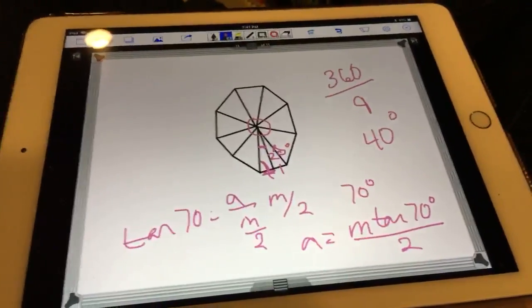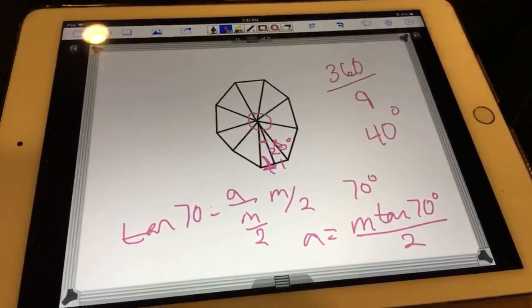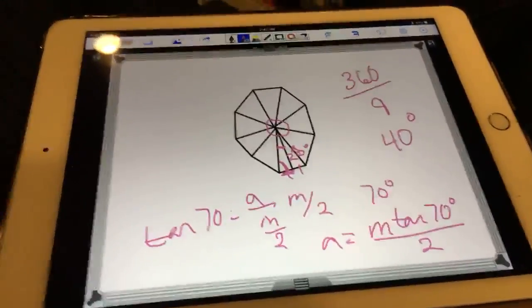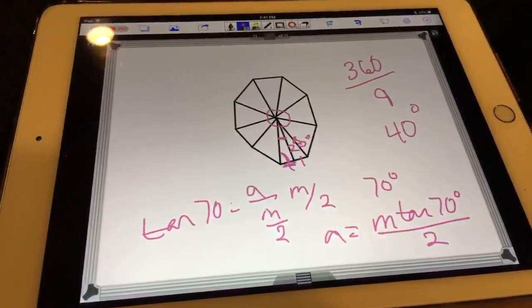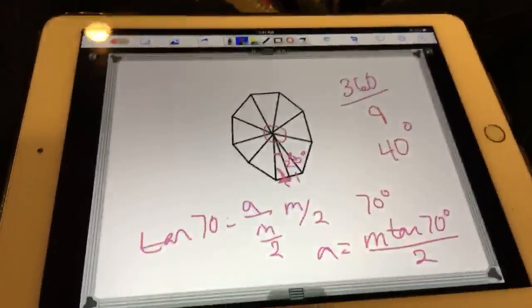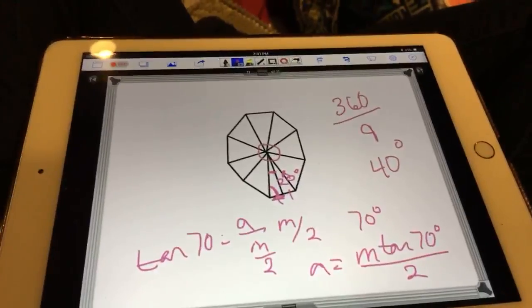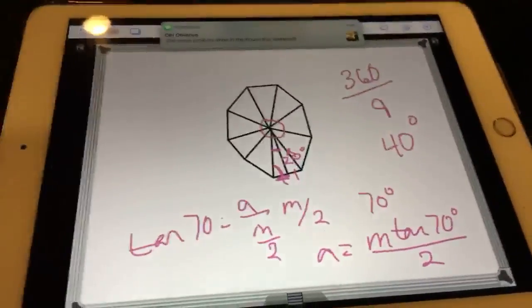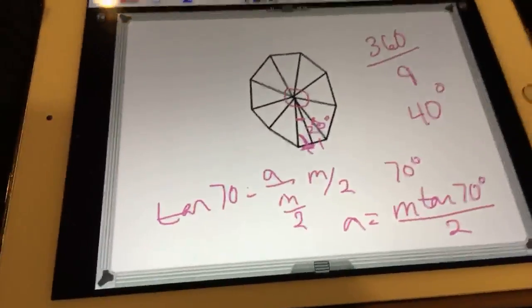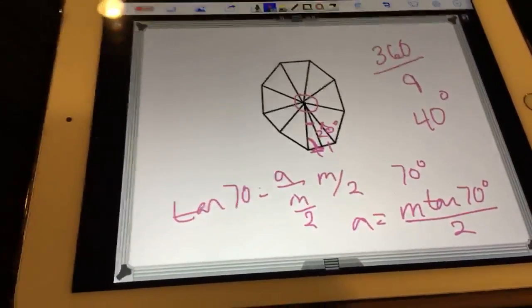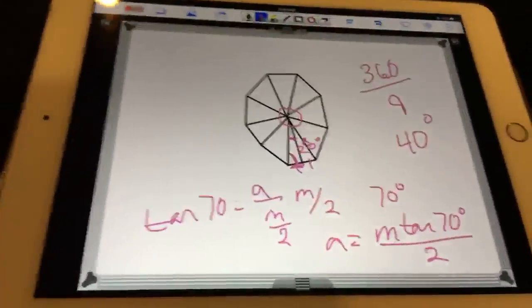In an equilateral triangle, you're going to be able to find it using the fact that there are 30, 60, 90 triangles. Same within a hexagon, it's going to involve 30, 60, 90 triangles.